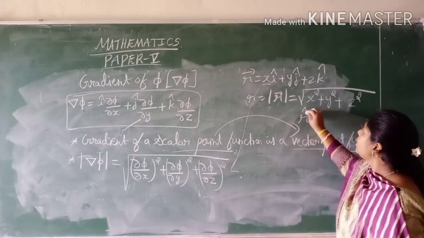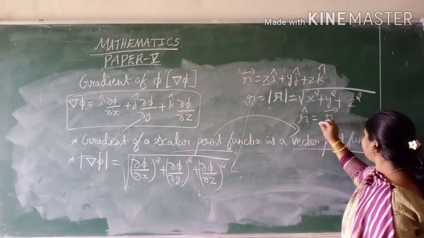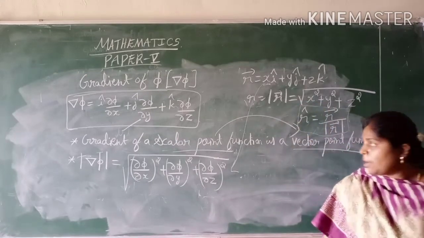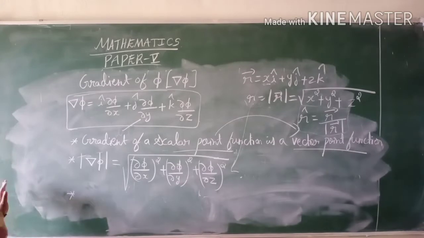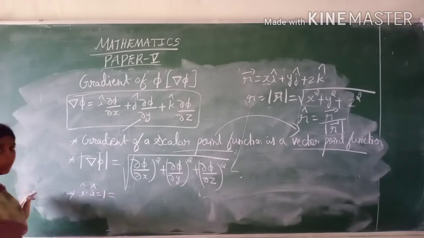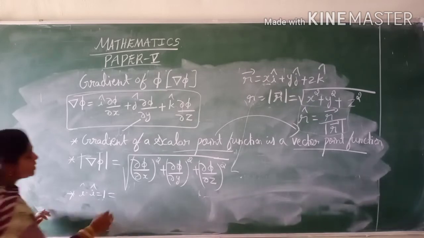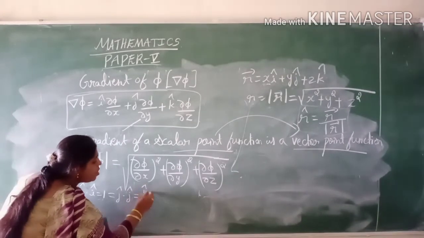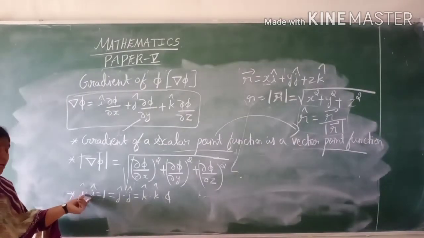Similarly, r cap is the unit vector along the vector r, defined as vector r divided by the modulus of vector r. All these formulas you want to remember. One more formula: the dot products you already learned in earlier semesters. i dot i is equal to 1, meaning the dot product of the same unit vectors is always 1. j dot j is equal to 1, similarly k dot k is equal to 1.